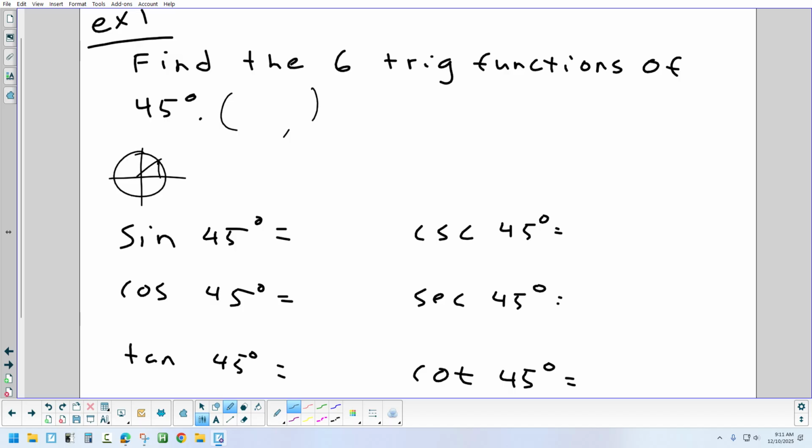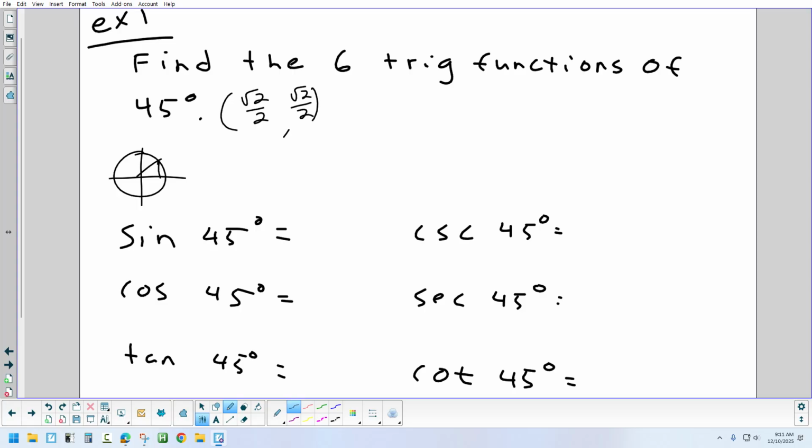We know we're dealing with both positive numbers because it's quadrant 1. Can you give me what they both are for 45? Root 2 over 2. And the other one as well, yep.